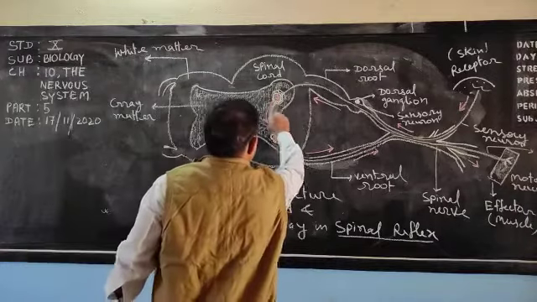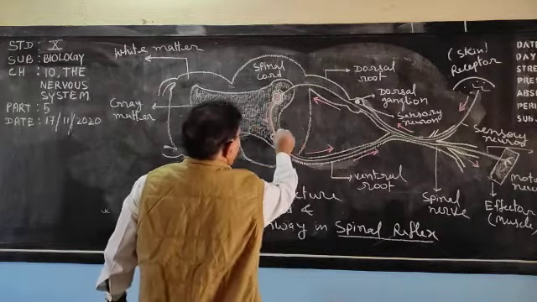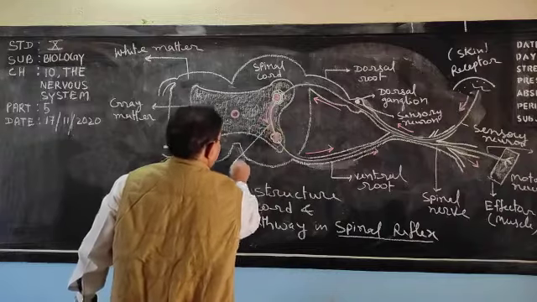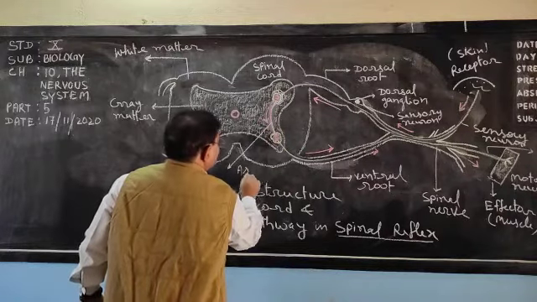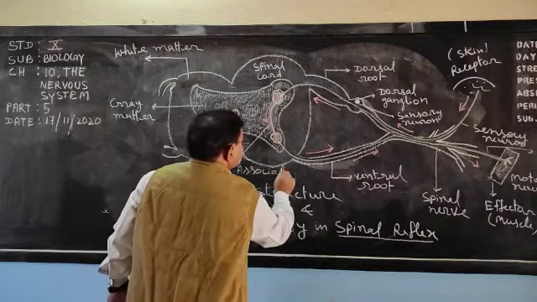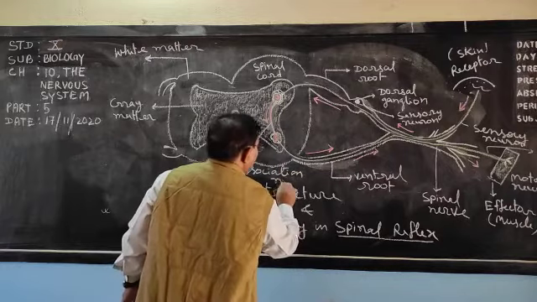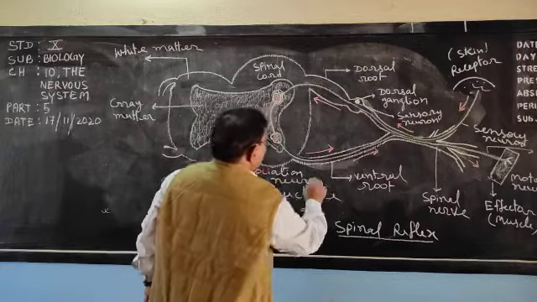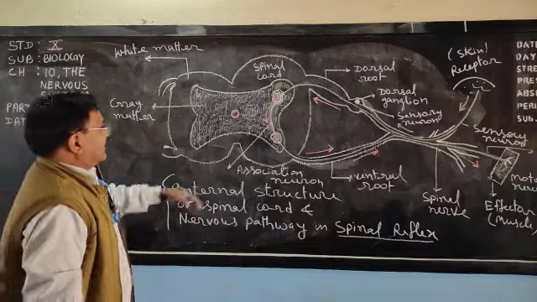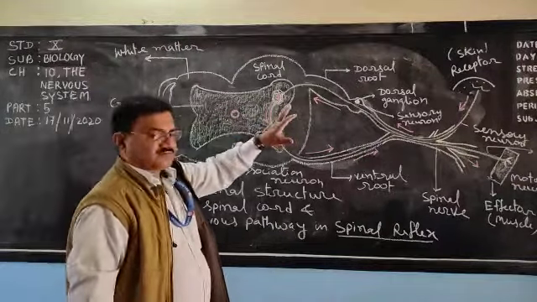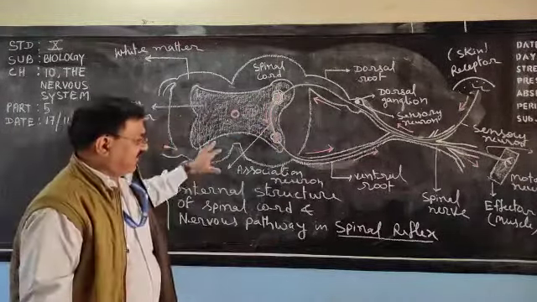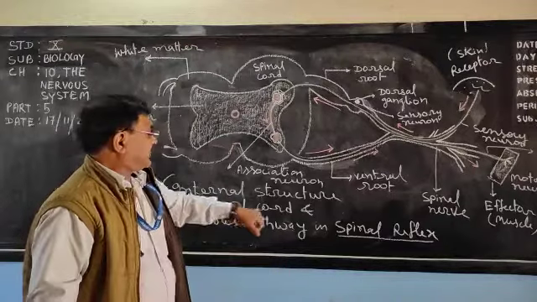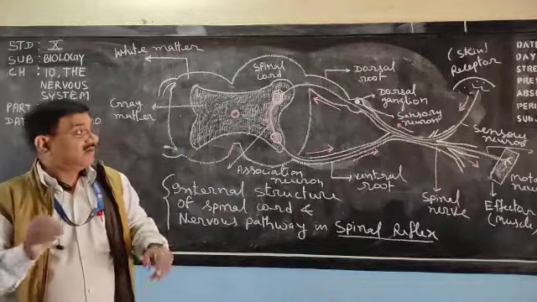So this red color shows the association neuron. Very clear. This is the diagram of the internal structure of the spinal cord.